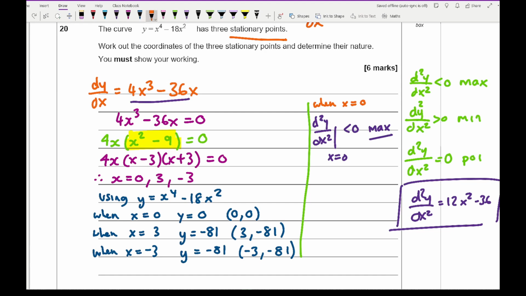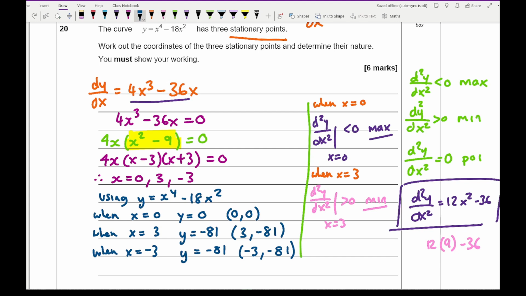When x is equal to positive 3, then the second derivative, I substitute x equals 3, is going to be 12 times 9 minus 36. Well, that's going to be a number that's greater than 0, so that's going to be a minimum.